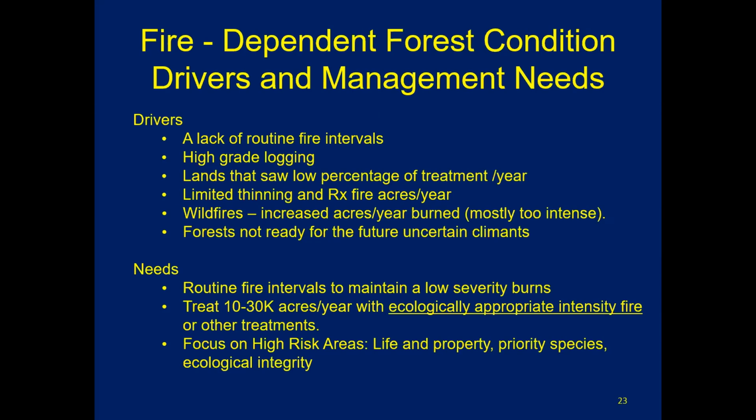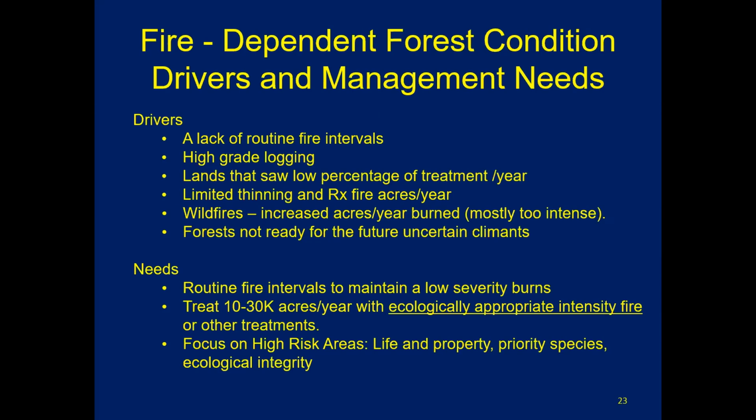They're more intense and too intense. And our forests, the way they sit right now, aren't really ready for these uncertain climates that are coming up on us. And we need to try and change that, put fire a little more routine on our landscapes.